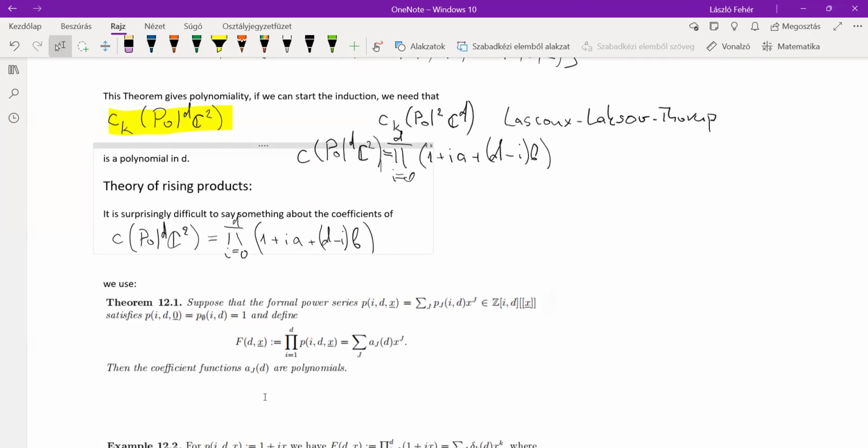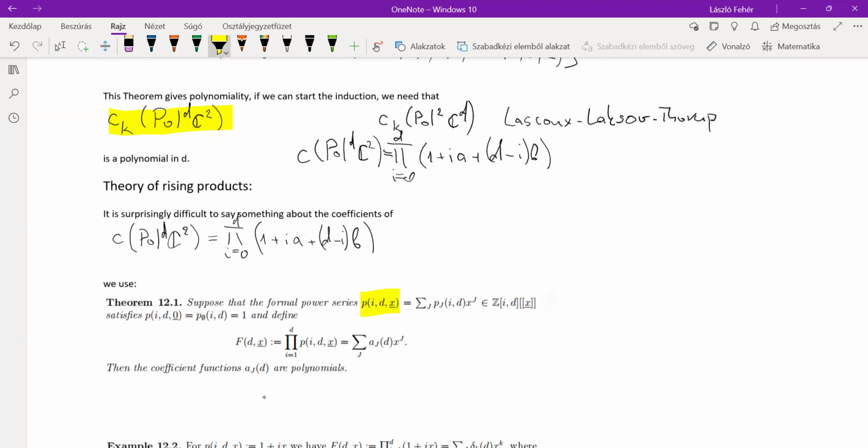You take a polynomial with 3 different types of variables. Here is this polynomial. And you take the product where you substitute into I the arithmetic sequence 1 to D.